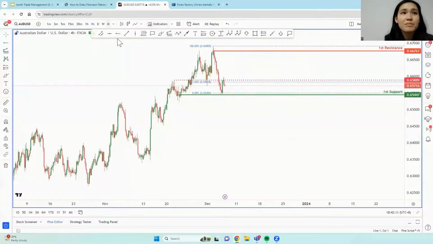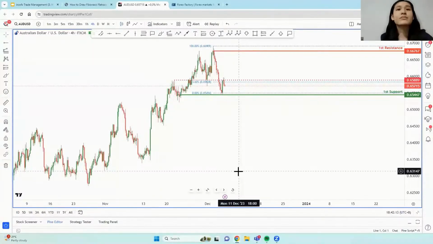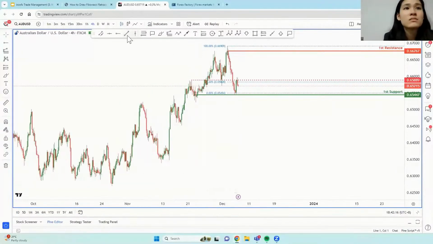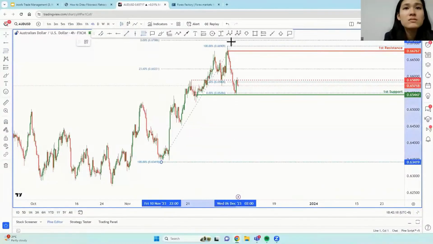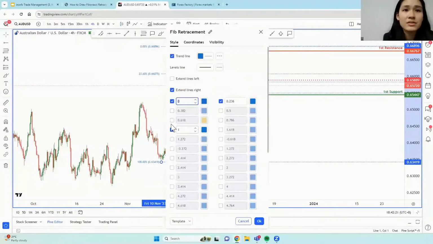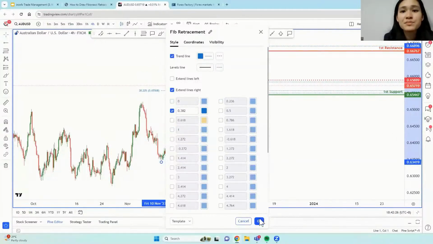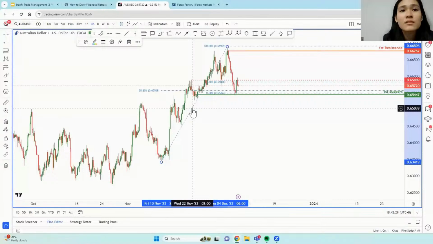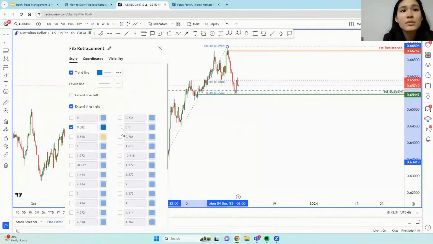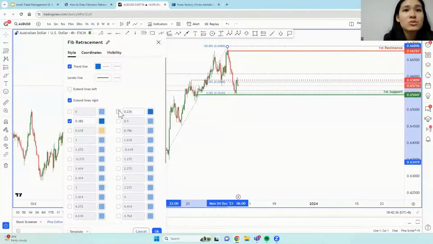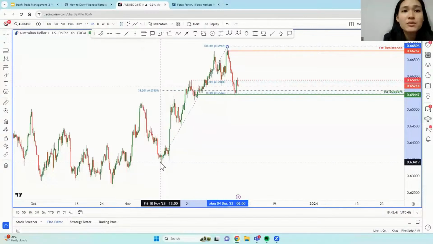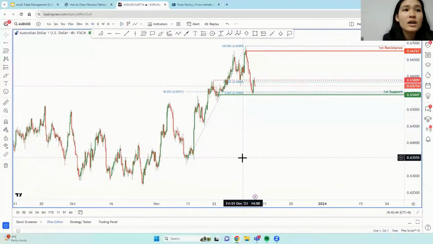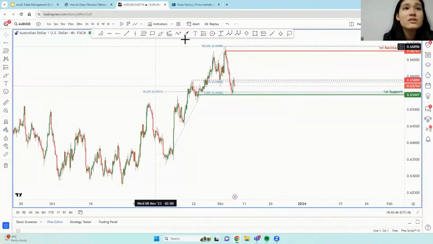No. Okay, I have another retracement here. Okay, my 38.2 lines up nicely. So my 38.2 lines up with my first support. Let's see if we have anything else.